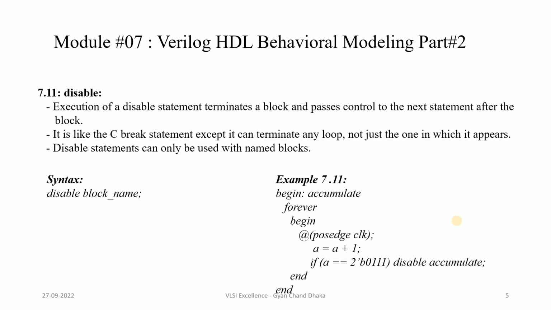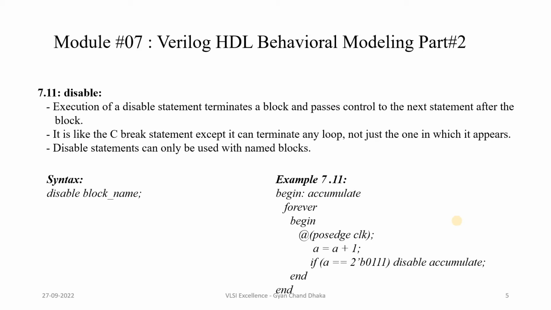Now let's see another important Verilog HDL construct, which is very useful for simulation purposes, and that is disable. If you remember, in part 1 of behavioral modeling, when we studied the use case of the begin and end keywords, we saw that we can also use a named begin and end block.